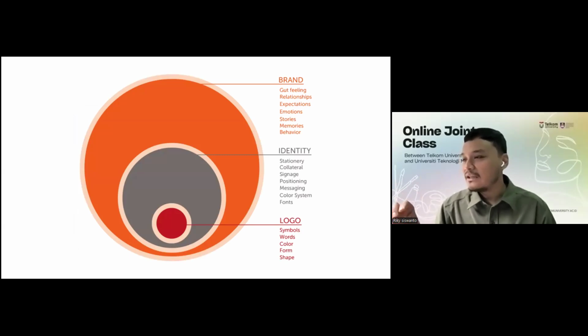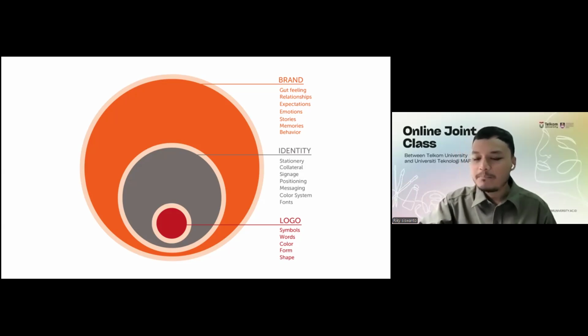And the bigger part is actually the brand. The brand could be something very abstract, very intangible, I would say. But identity and logo are very tangible, giving the signal about the several messages regarding the brand, the values inside.